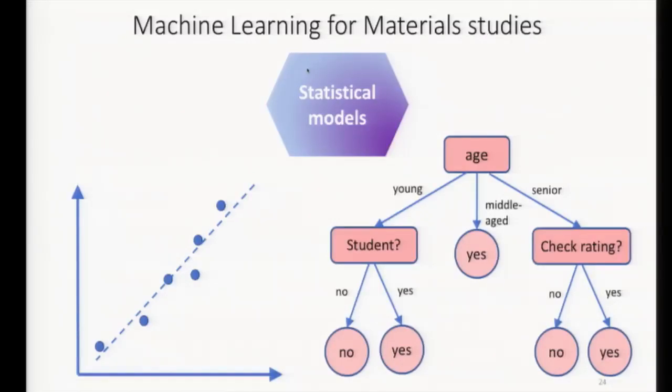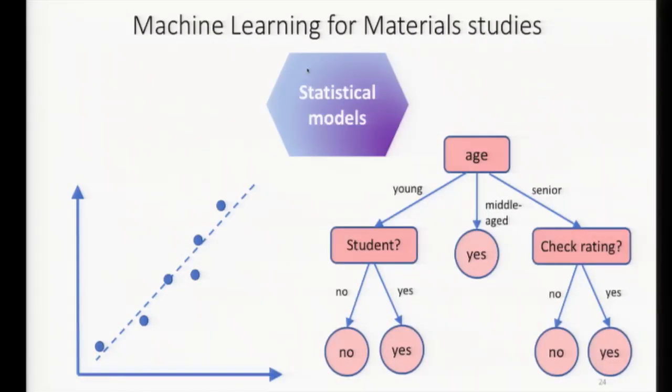Now, for statistical models, we all are familiar with linear regression models, where you fit a line to some data. And you may not be familiar with classification models, or models based on decision trees. And I'll explain a little bit what this means.